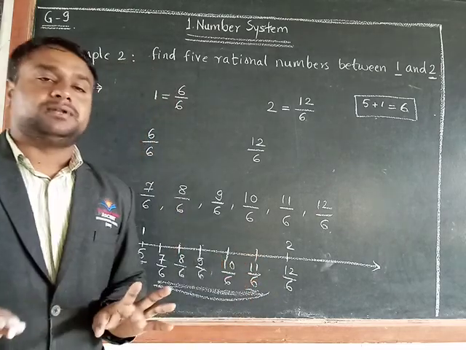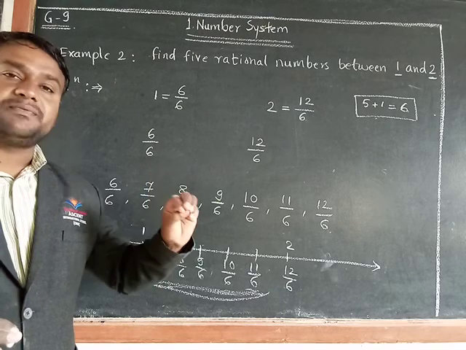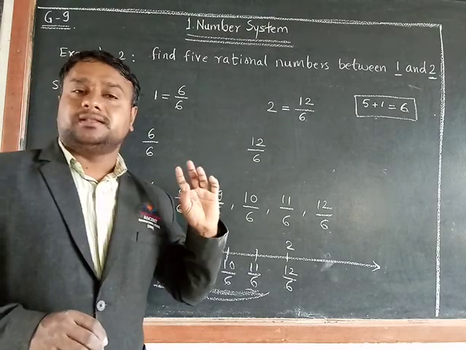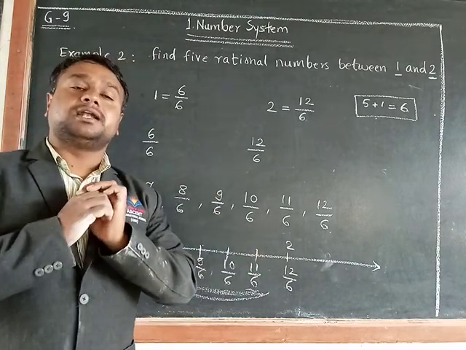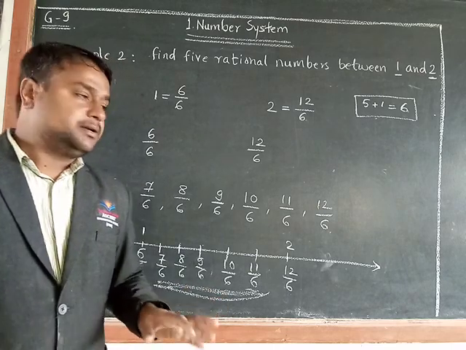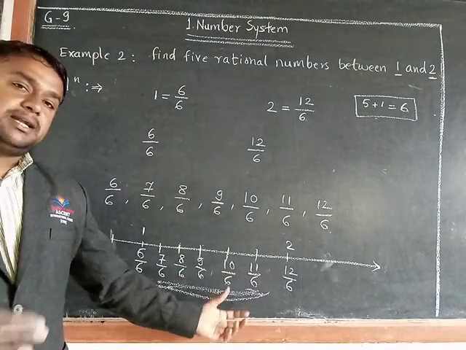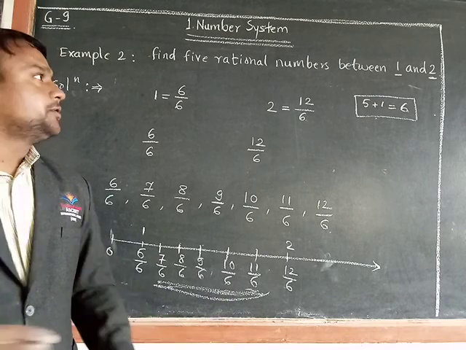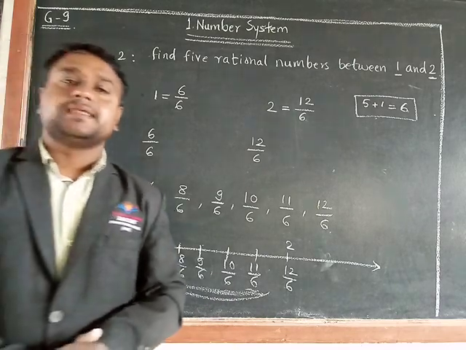If you give any two numbers and anybody says to find out the rational numbers between them, you can find out infinitely many rational numbers between those two given numbers. So I hope you understand it very well.